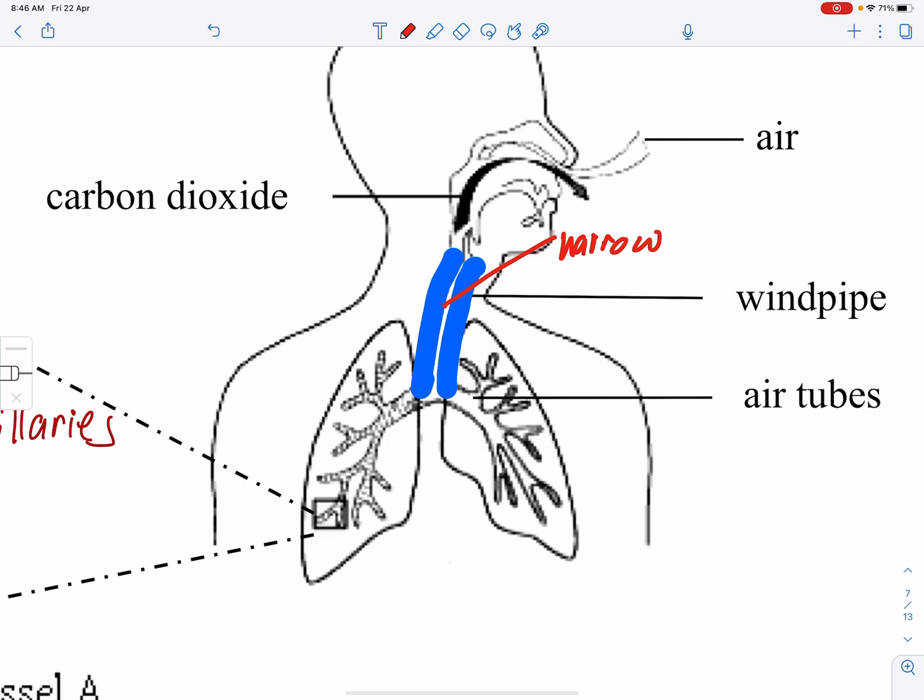So when it narrows down, ask yourself, what is the purpose of a windpipe? The function of the windpipe is to basically carry your air, okay, from this point to your lungs, right? So when it becomes narrower, you realize that its function gets affected in the sense whereby air, not just oxygen. The problem here is a lot of you just wrote oxygen.